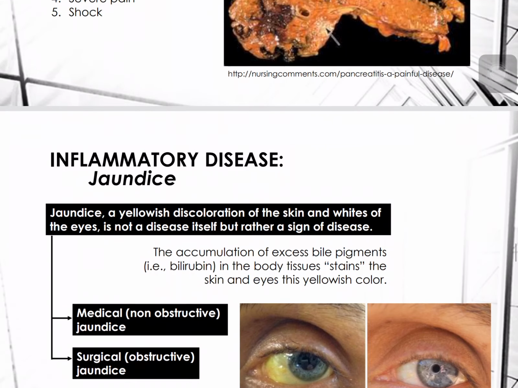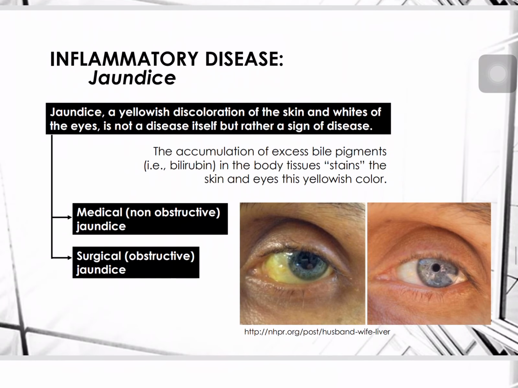The next inflammatory disease is jaundice. It is a yellowish discoloration of the skin and whites of the eyes. It is not a disease itself, but rather a sign of disease. The accumulation of excess bile pigments, the bilirubin, in the body tissue stains the skin and eyes this yellowish color.